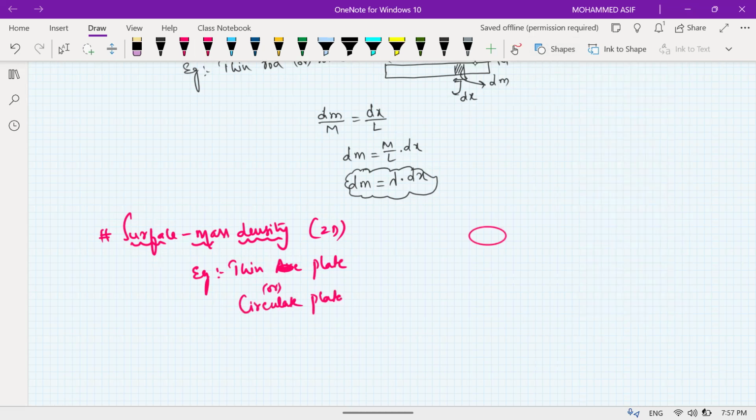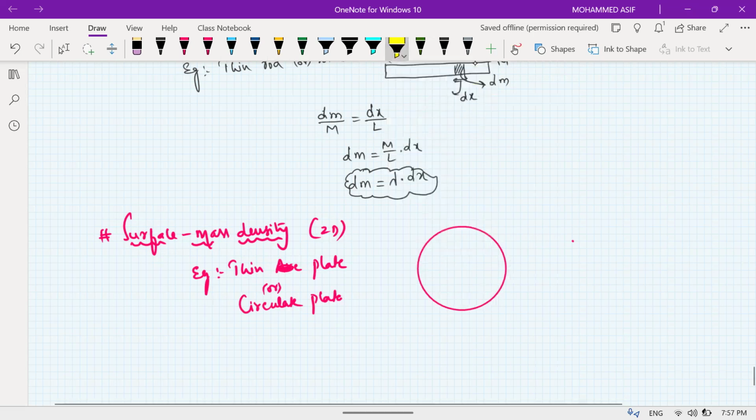Let's say for example, there is a circular plate like this. हम लोग जो खाना खाते हैं ना, वैसी वाली एक plate है, which is having the mass throughout its area. So two-dimension body means we take the area into consideration. So this is having the mass throughout the body.